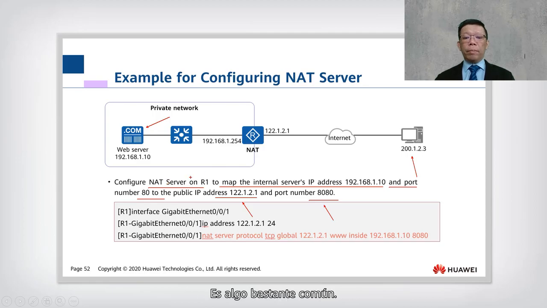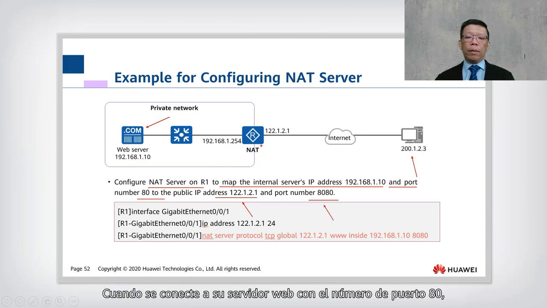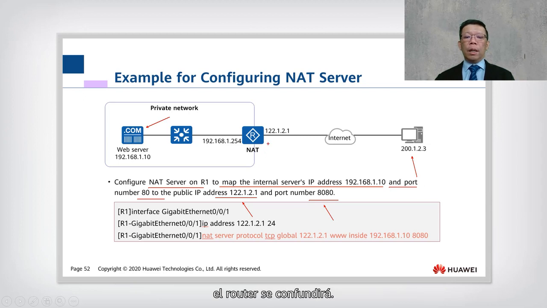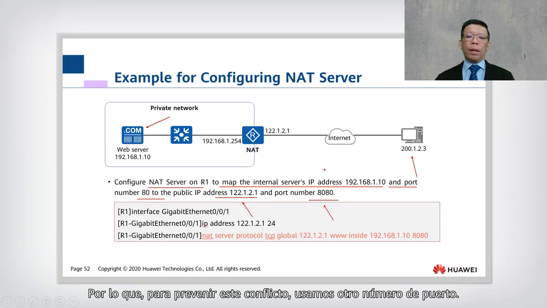This is quite common because some routers also have a web server on port 80. When you connect to port 80, it will confuse the router into thinking you are looking for the router web service instead of your internal web server. To prevent this conflict, we use another port number.